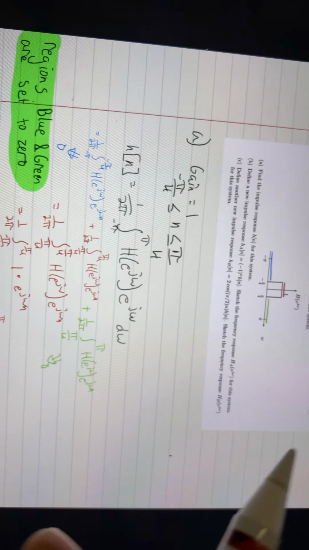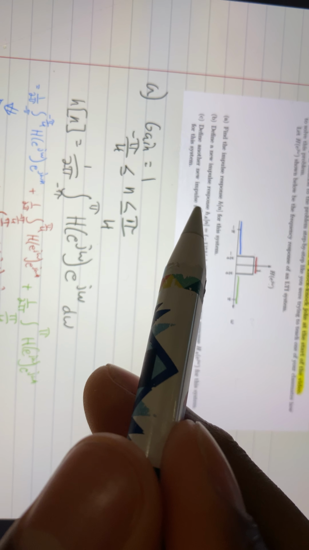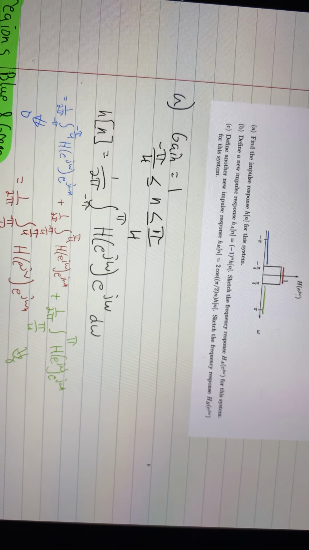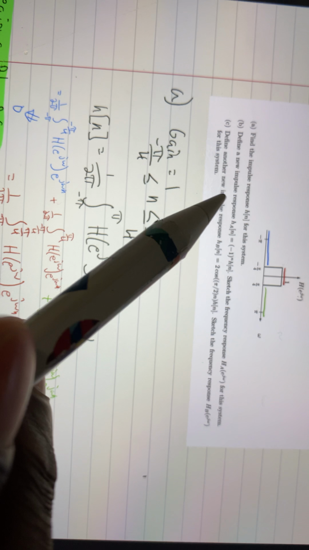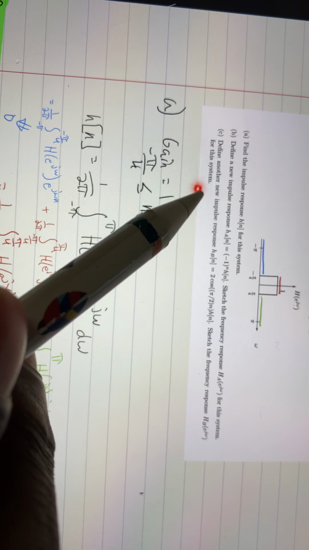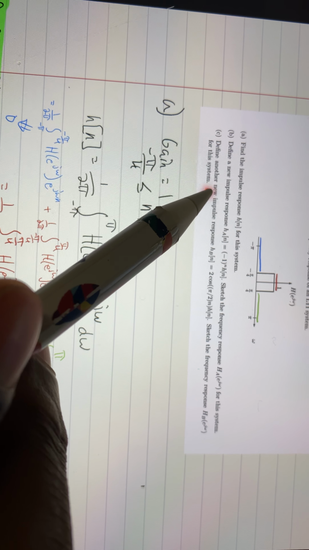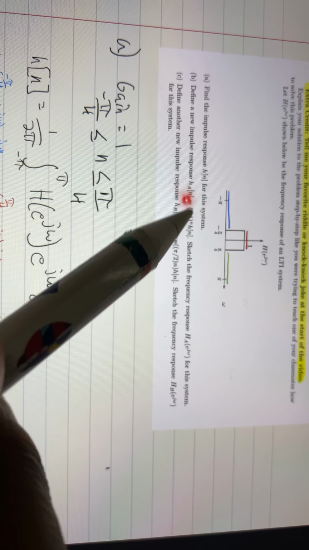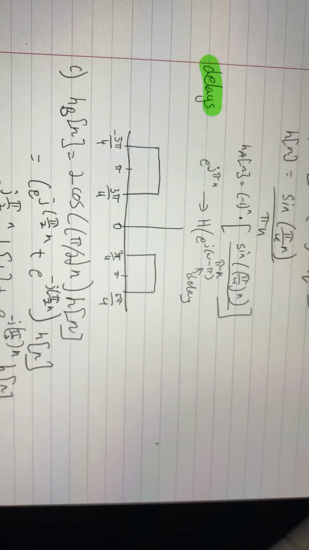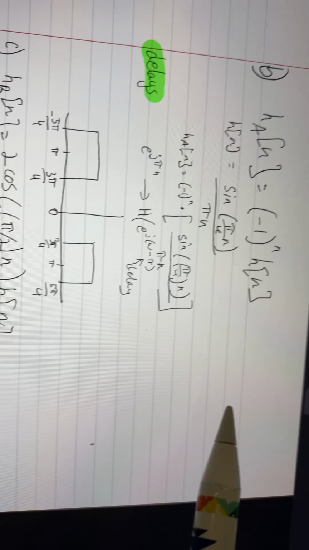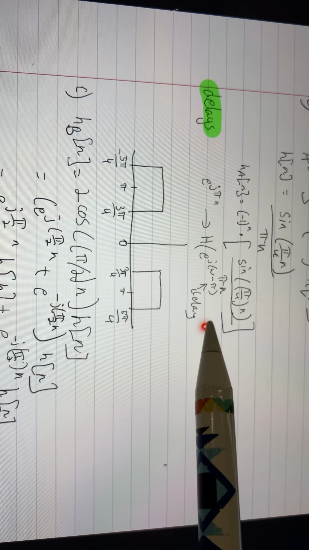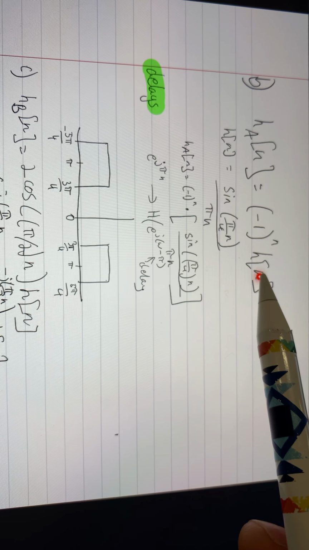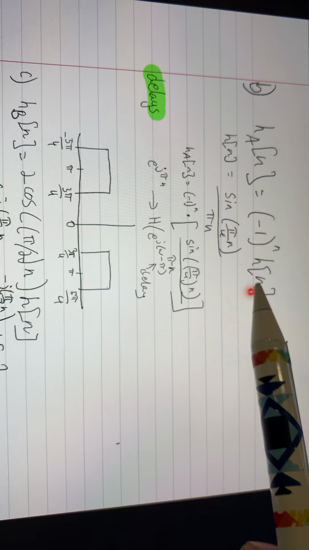For part B of the problem, we're going to try to find the new impulse response, and for C, we're going to also try to find a new impulse response as well, where we have two different equations, right? So for part B, we can easily understand that we already have h of n.